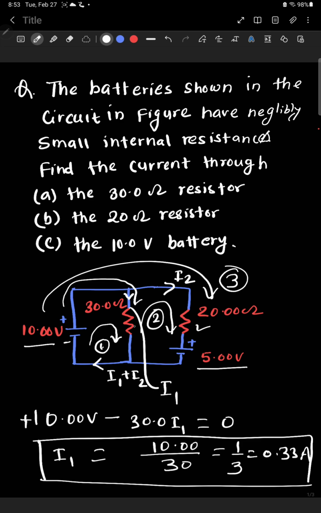In this one we have this resistance and this one. So let me write the equation for this section. Let me copy just this section.